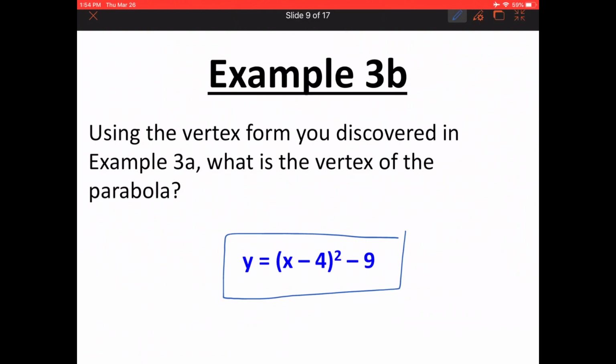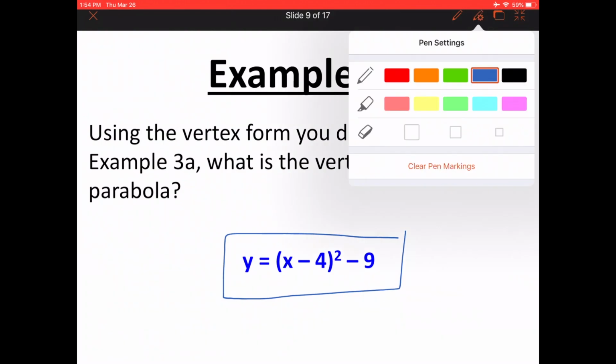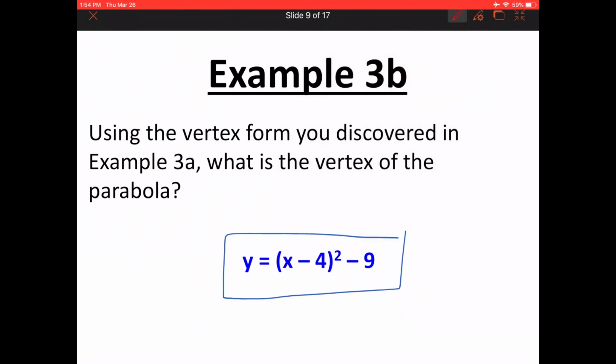And if we remember back to our past lessons, the vertex always comes from h and k. So if I have y equals a, x minus h squared plus k, the vertex comes from h and k. So what do I have for h here? I have minus 4. And what do I have for k here?